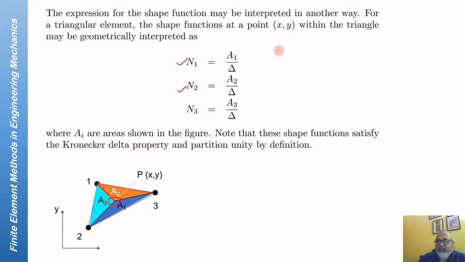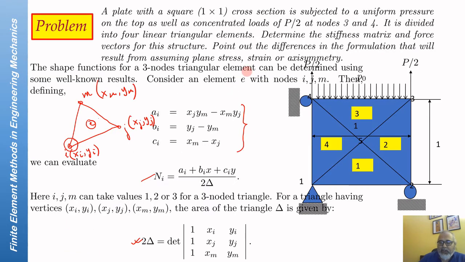Also, the summation of the three, N1, N2, N3, would simply give you A1 plus A2 plus A3 divided by the total area. A1, A2, A3 together make the whole triangle, so this is obviously equal to 1. So the partition of unity property is also satisfied. This concept of area coordinates, where you define the shape functions as ratios of area divided by the total area of the triangle, is actually embodied in these calculations for which I have given you the recipe.